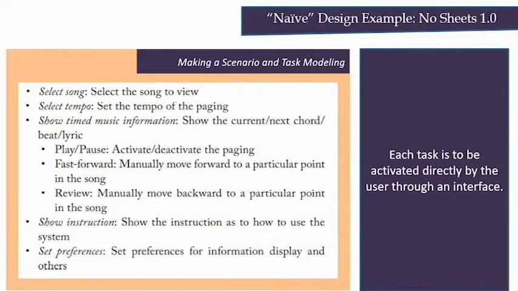This is the task modeling, where each task is to be activated directly by the user through an interface. So you have to define the task for each subtask, such as select songs, select tempo, and show time music. You have to define it.